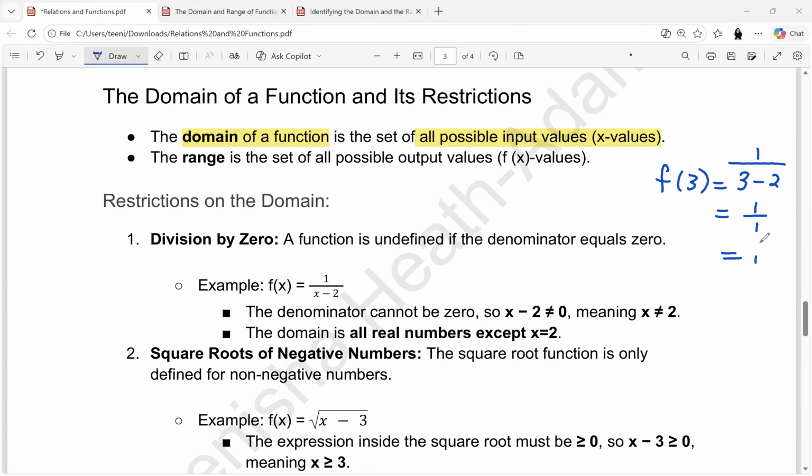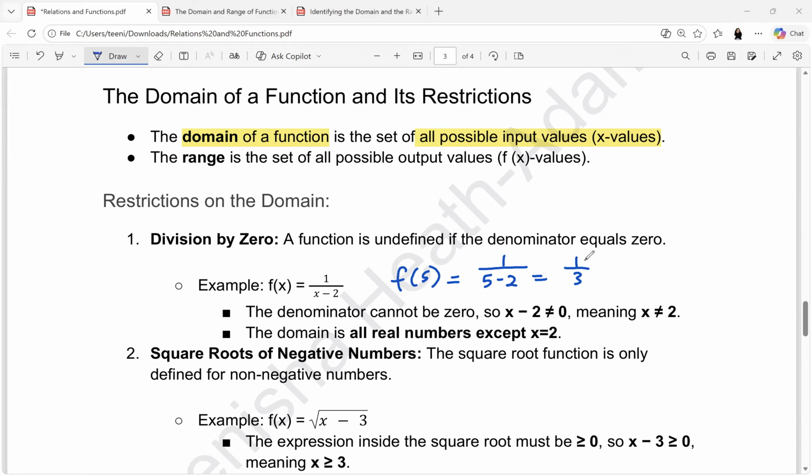So it does yield a value. I could even do f of 5. So f of 5 here will be 1 over 5 minus 2, which is 1 over 3. So the function exists when x is 5, and just now it existed when x was 3.